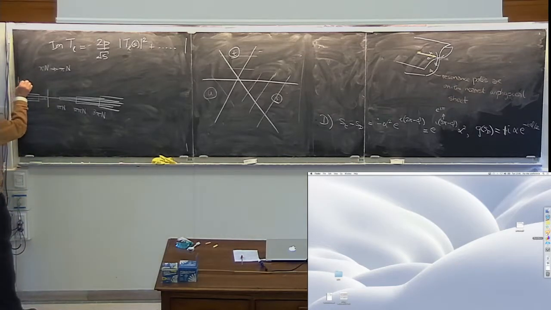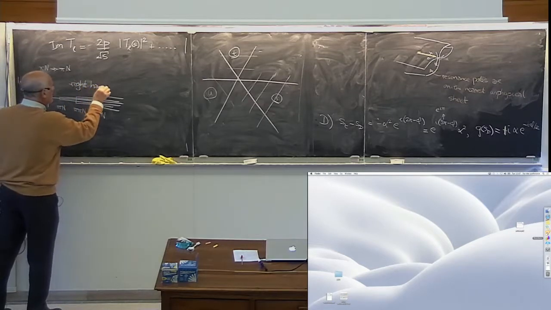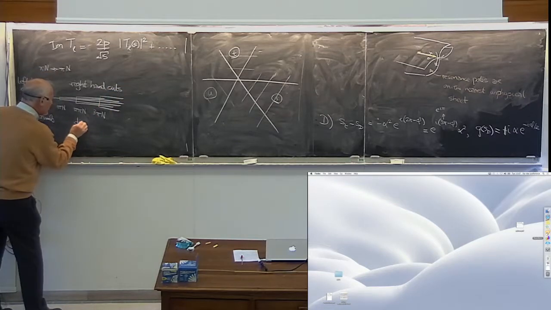So these are called left-hand cuts for obvious reason. And these come from the cross channel. And these are called right-hand cuts. And they come from the direct channel, the channel you're in.